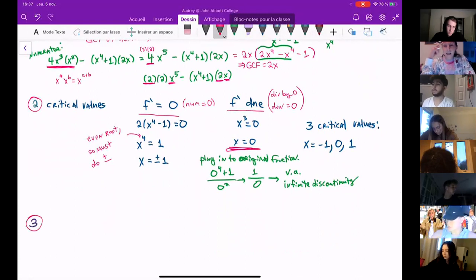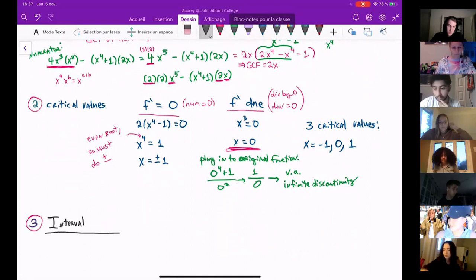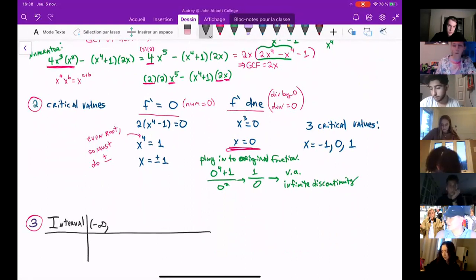Here we're going to set up our table of values. I'm going to start by making my intervals, using the critical values. So I'm going to start at -infinity. What's my smallest critical value? -1.